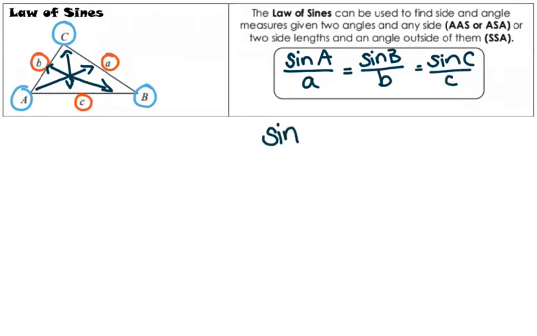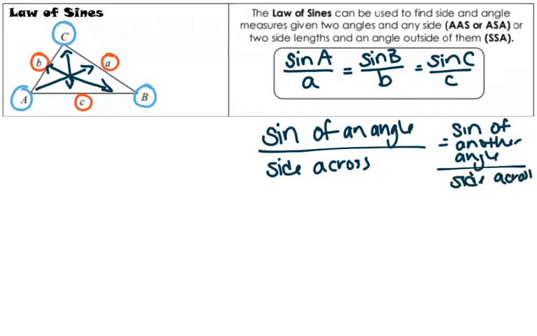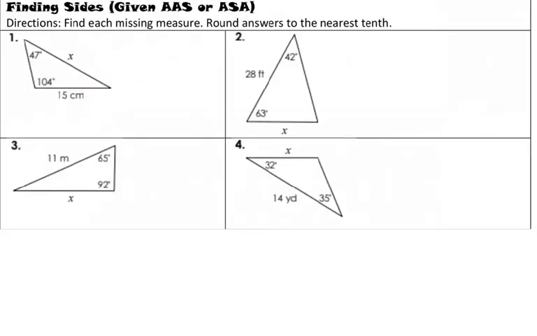So it's the sine of an angle divided by the side across, equal to the sine of another angle divided by the side across. I wrote 3 up in the law of sines because that's how it's defined, but we're only going to have 2 fractions equal each other, and then we're going to cross multiply. It's really not difficult as long as you have a calculator and you know how to type it in.